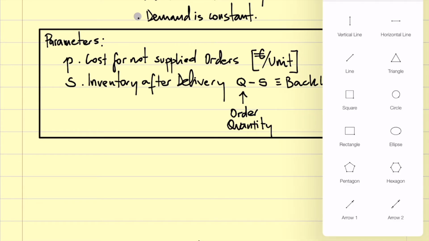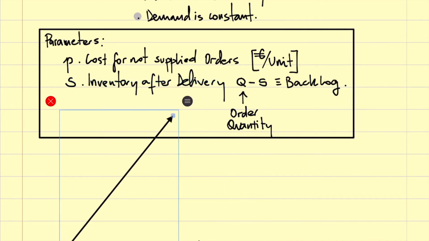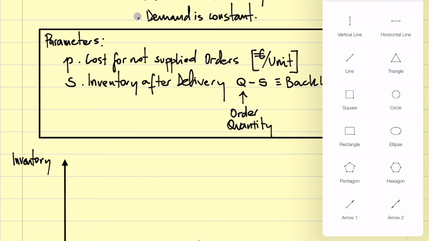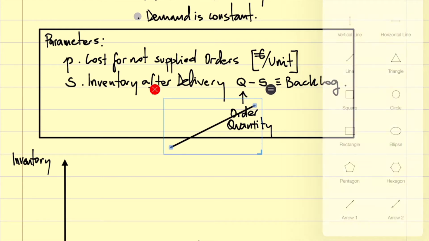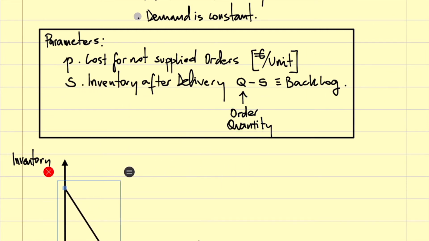We have on the vertical axis again our inventory. And we start in T0 with S inventory, excuse me. Here we start with S inventory, and we allow for a backlog.